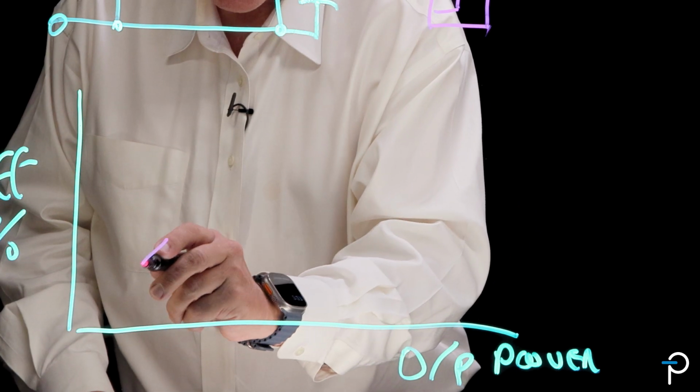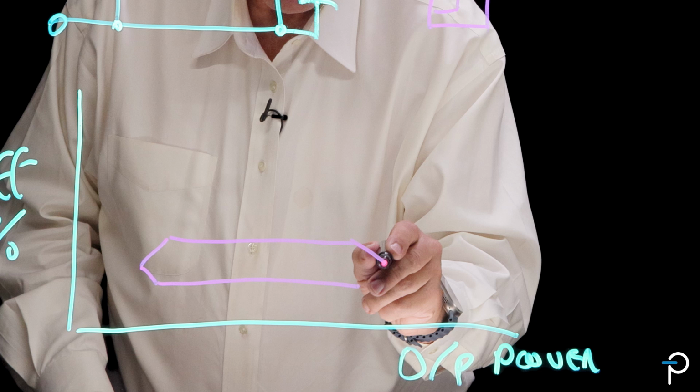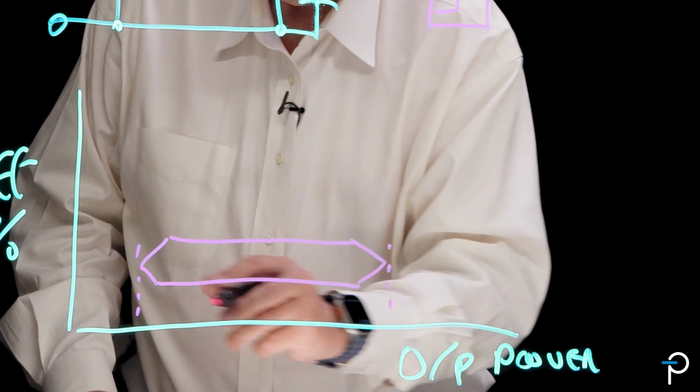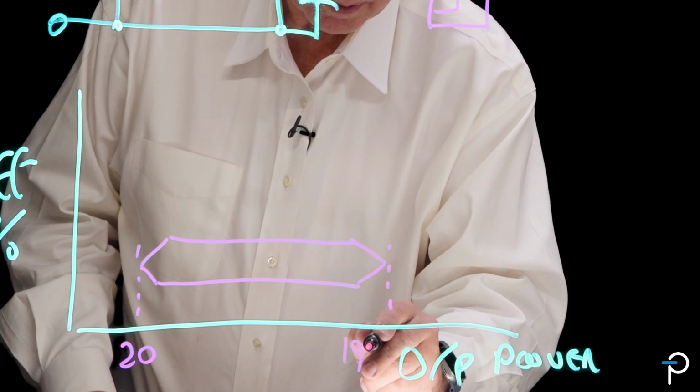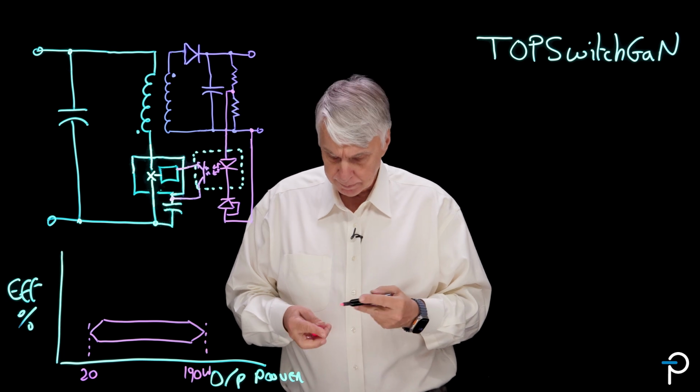The TinySwitch 5, introduced by us last year, is a very similar basic circuit. It can go from 20 watts to perhaps 190 watts. That's using a conventional silicon MOSFET.